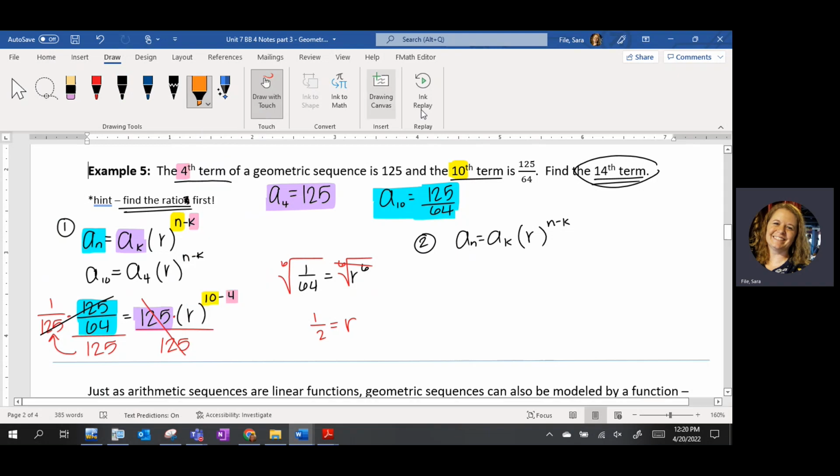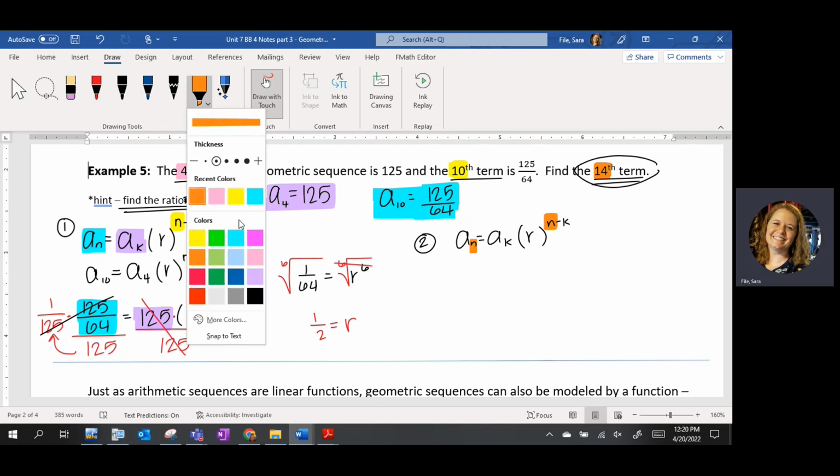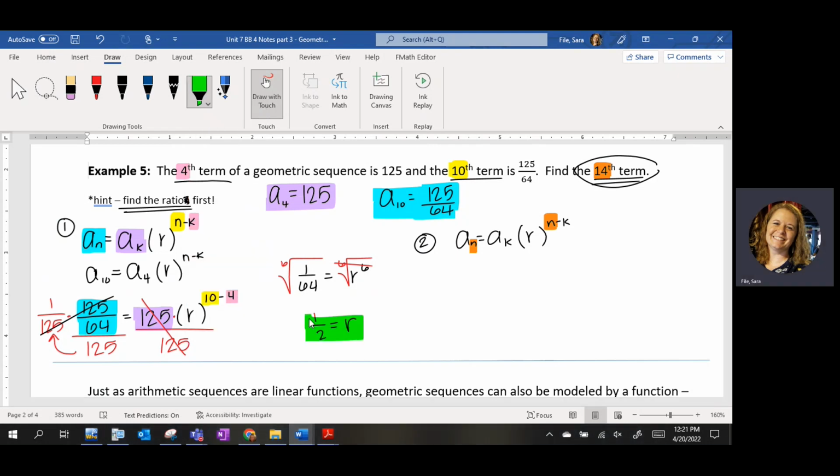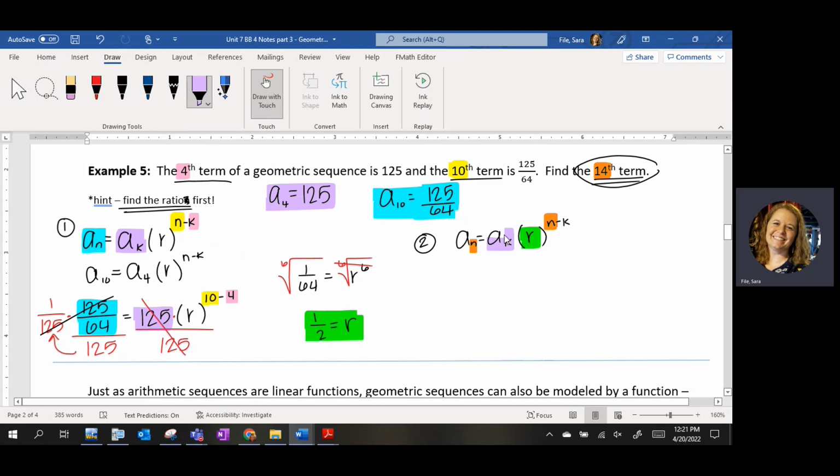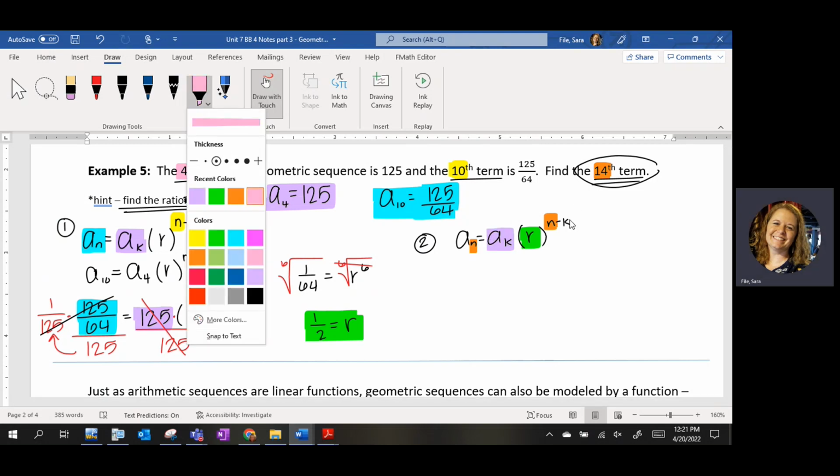So here now, N is 14. Okay, I'm looking for A sub 14. And I now know R is 1/2, so that's going to go here. And then I can use the same values. A sub 4 was 125. I plugged a 125 in here. And then the K was the 4.